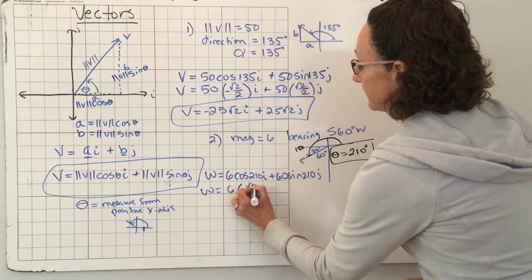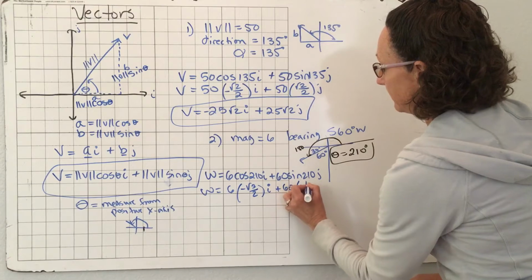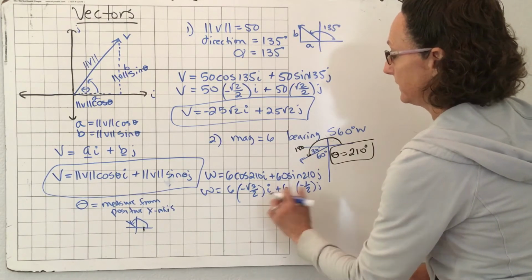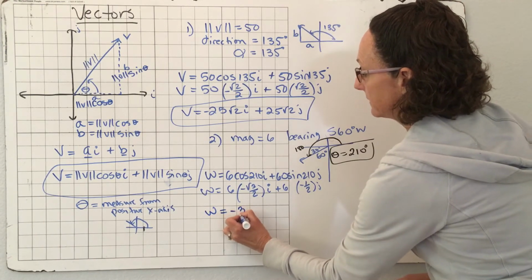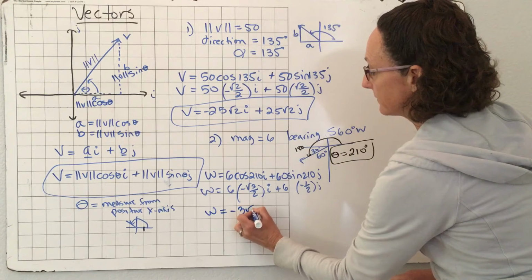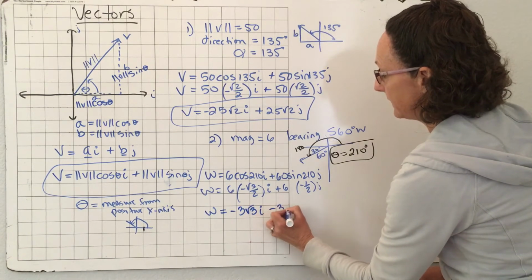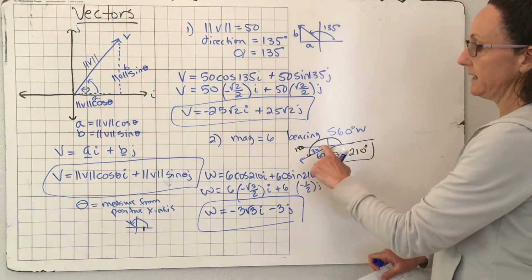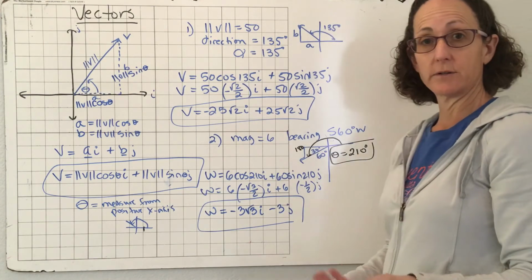Cosine is negative root 3 over 2, and sine is negative 1/2. Okay, whoops, I added a 0 there. So this vector has an I component of negative 3 root 3 and a J component of negative 3. Which means you go negative 3 root 3 in the I direction, down 3, and you'll get that vector.